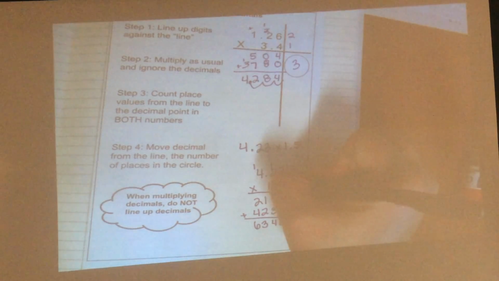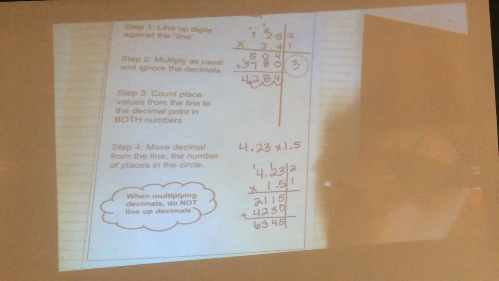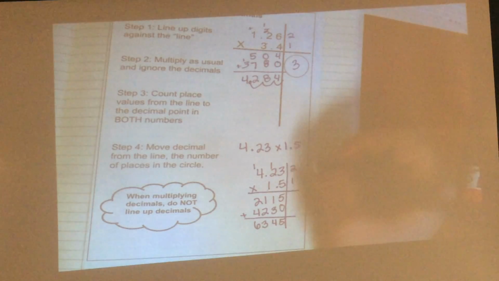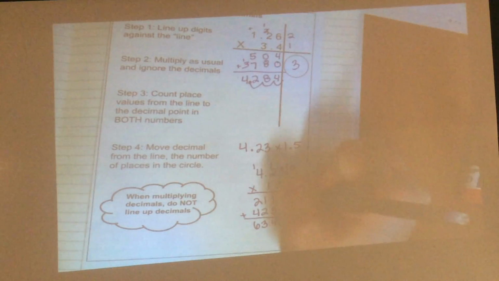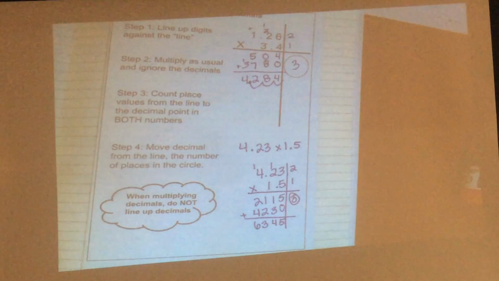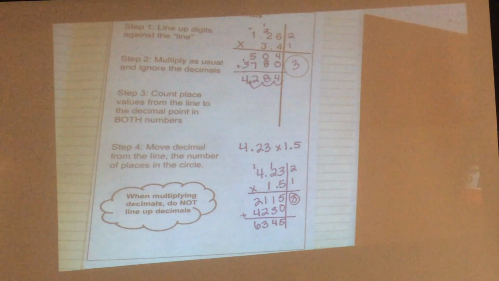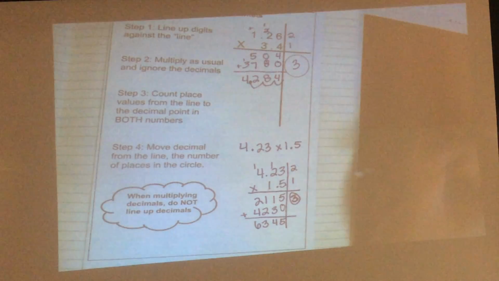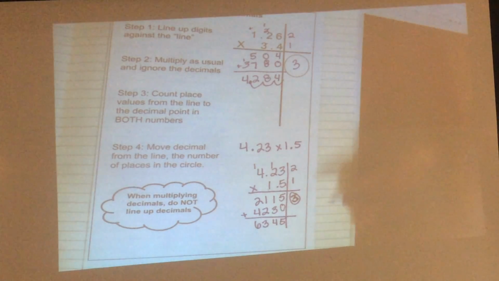Now I'm going to add those up. 2 plus 1 is 3. Will it always be 3? No, it won't. That looks like a 3, but it is a 3.